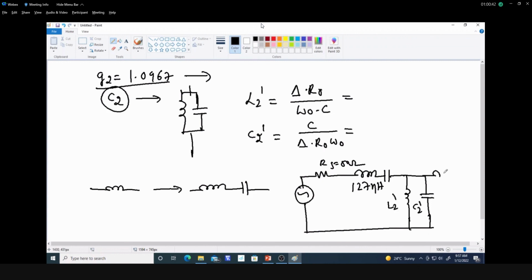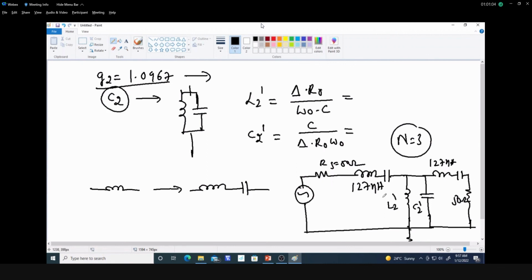Again we have an inductor and capacitor with the load. This one we found already as 127 nanohenry, and you find out the capacitor value. And this will be 50 ohm. So this is the final band pass filter circuit for n equal to 3. Finally you have to put the circuit.